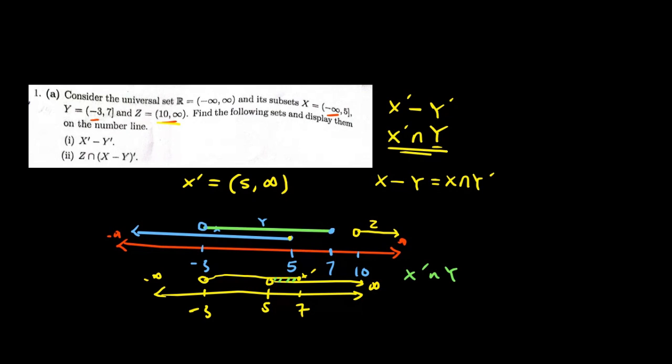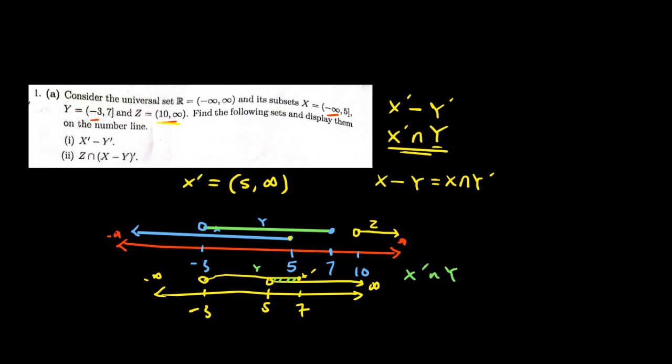So 5 cannot intersect with the set Y. So at 5 we're going to have an open interval. So it will be open at 5 like that.